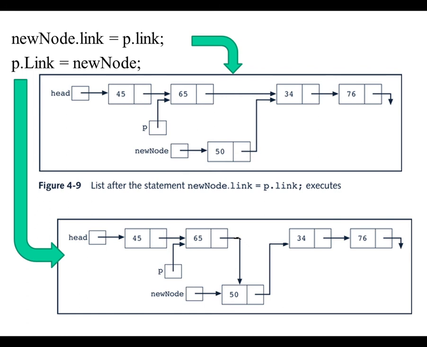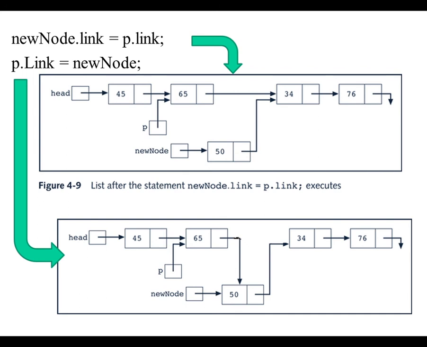After the second statement, that is p.link equals newNode, the resulting list is as shown in the second figure. The arrow of p.link now points to the new node.